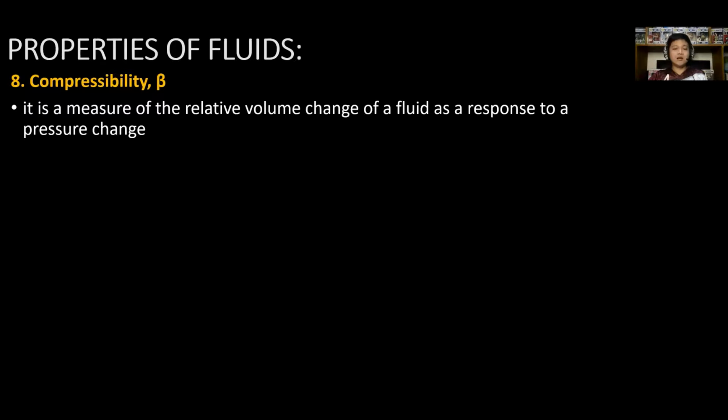Ideally speaking, liquids are incompressible, while gases are compressible in nature. But if we apply a massive value of confining pressure, this liquid will have a minimal value of compression or compressibility.